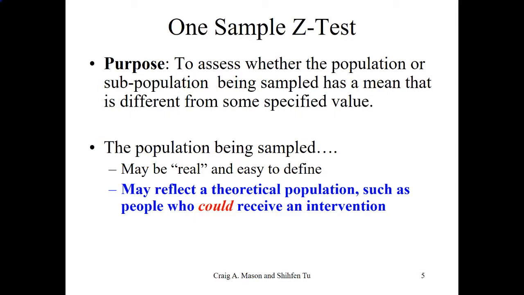The population may also reflect a more abstract or theoretical case of all people who could receive a new intervention. For example, instead, let's say that I know the mean math SAT score for all the students across America is equal to 500, and I have a math intervention that I want to test. Does it lead to higher scores?